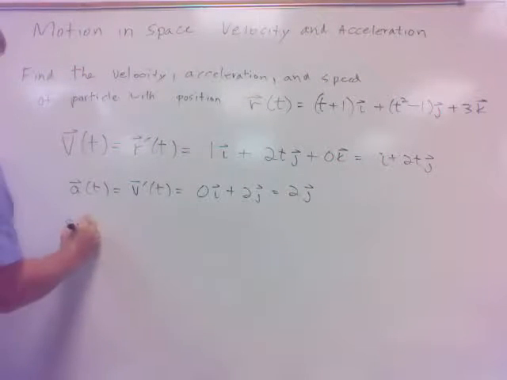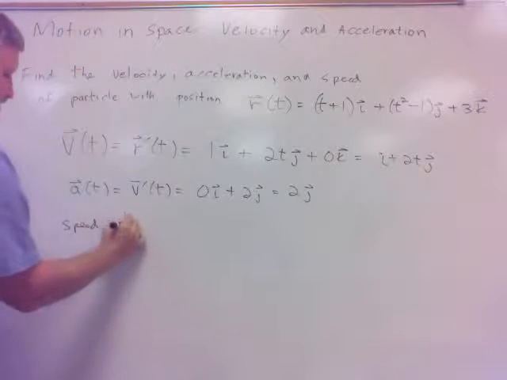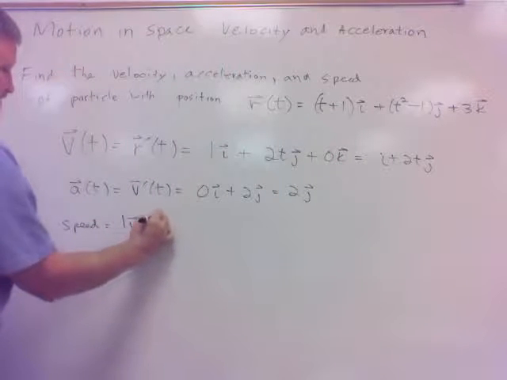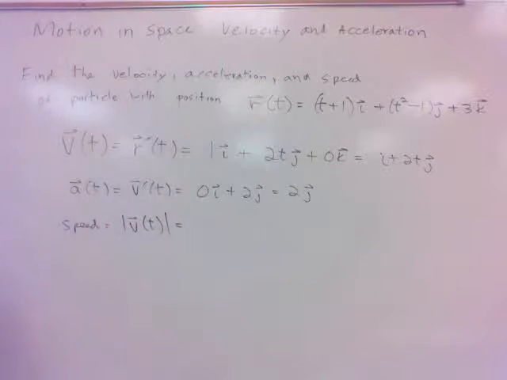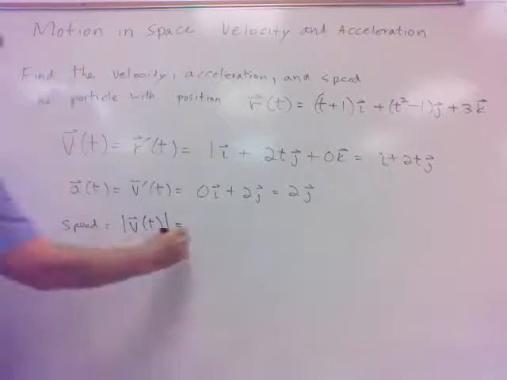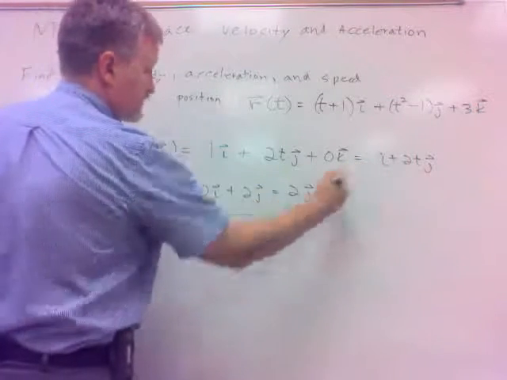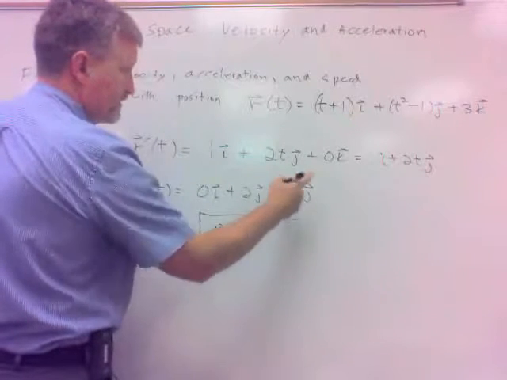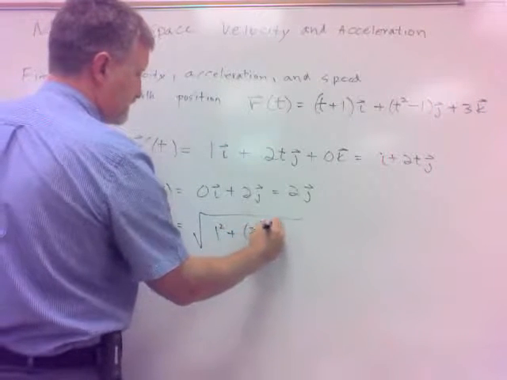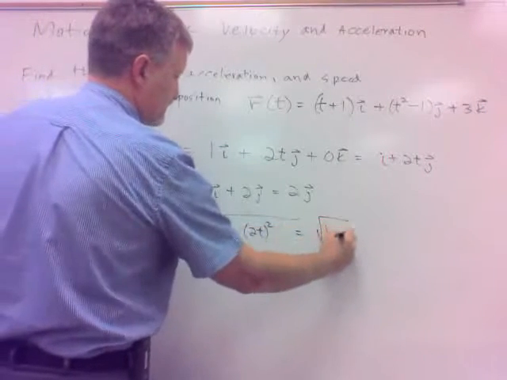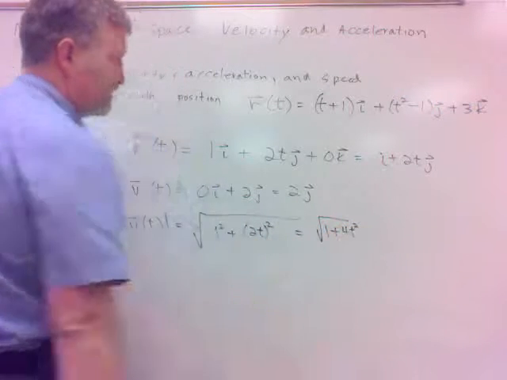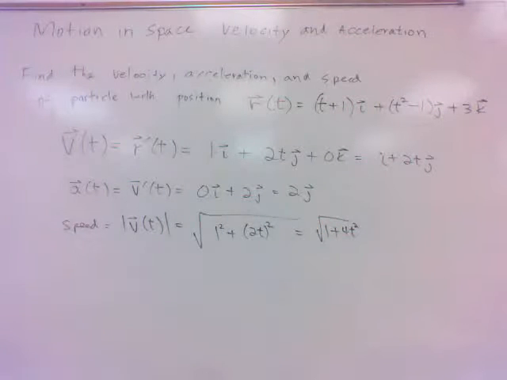And then our speed, well, that's the magnitude of the velocity vector, right? So that would be the square root of 1 squared plus 2t squared. So that's the square root of 1 plus 4t squared. So we could find the speed at any particular time t we wanted based on that formula right there.